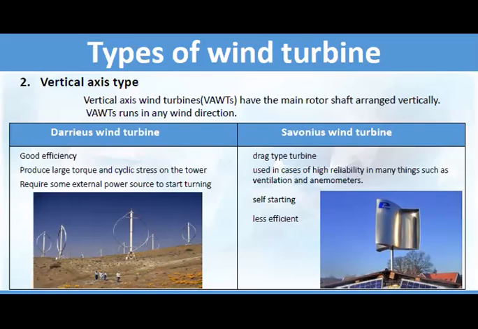Vertical axis wind turbines have the main rotor shaft arranged vertically. One advantage of this arrangement is that the turbine does not need to be pointed into the wind to be effective, which is an advantage on a site where the wind direction is highly variable.